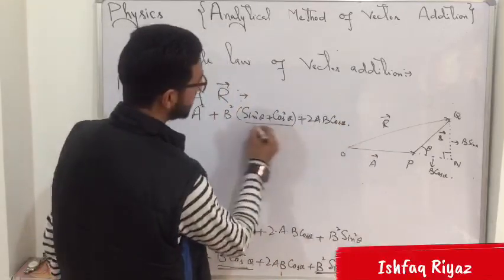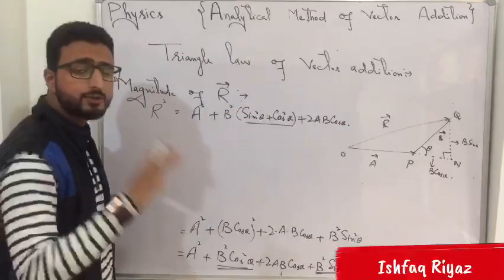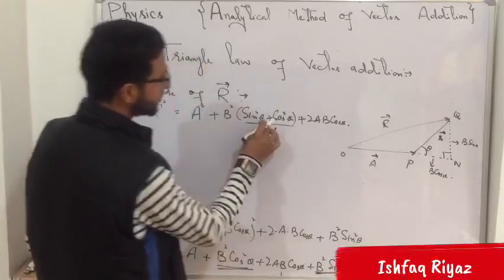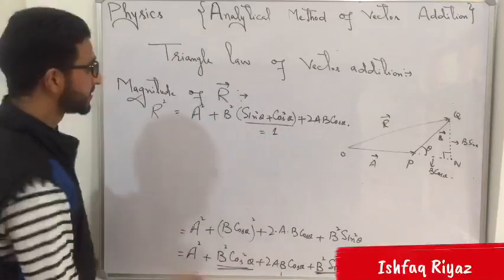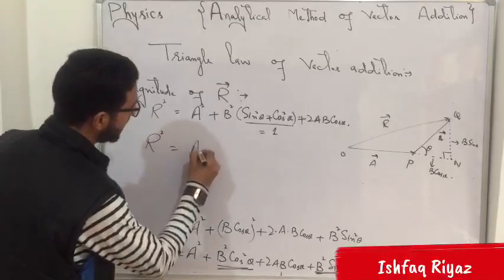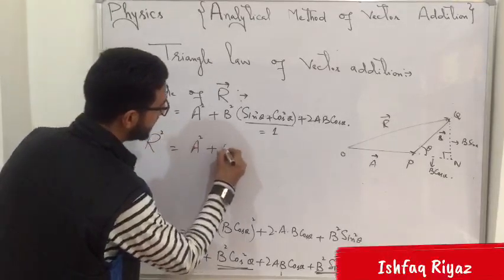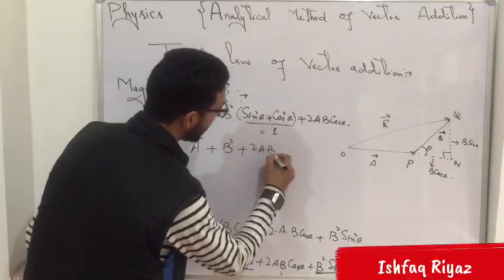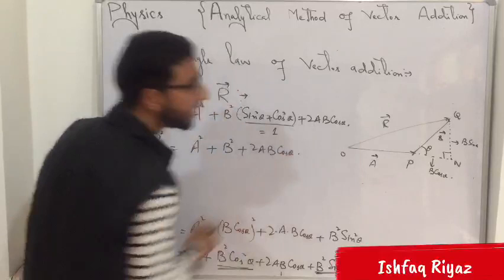Now remember this trigonometric identity, sin square theta plus cos square theta is equal to 1. So 1 into B square is equal to B square, so I will write magnitude of the resultant square is equal to A square, शाबाश, plus B square plus 2AB cos of theta.